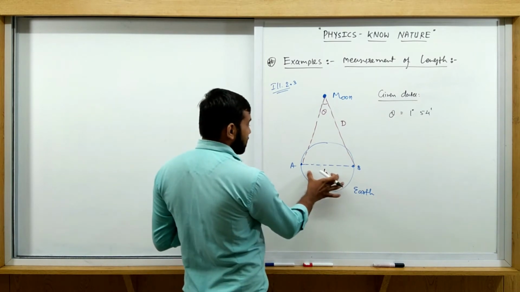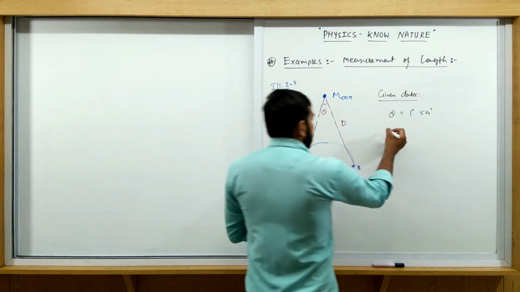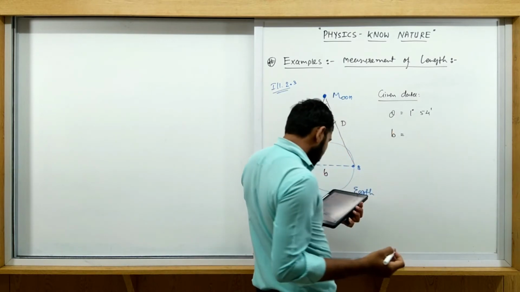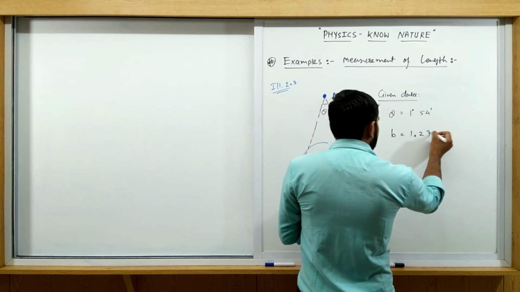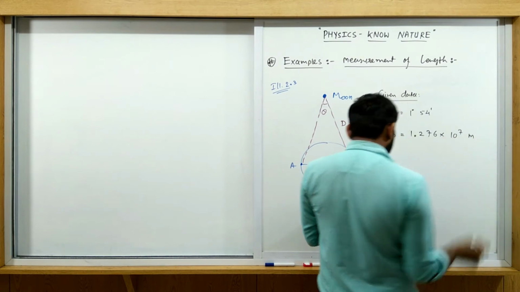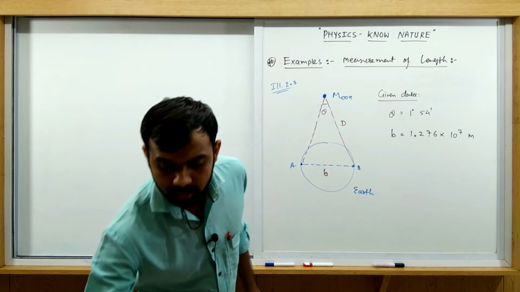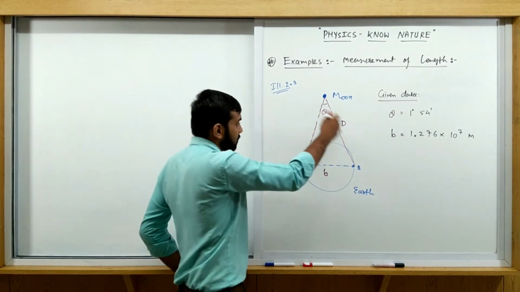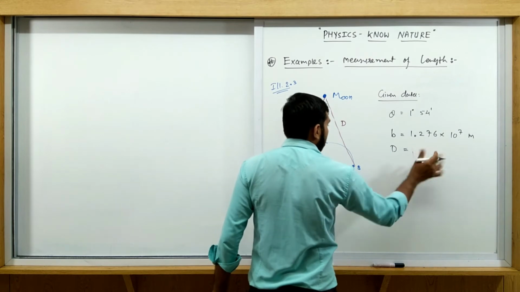This diameter AB is the basis, so b is equal to 1.276 into 10 raised to 7 meter. Compute the distance between the moon and earth, which means we have to find D.